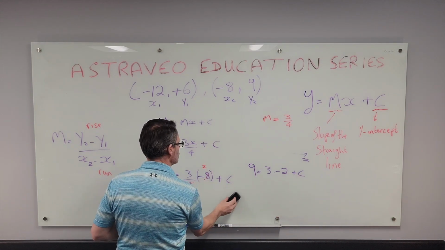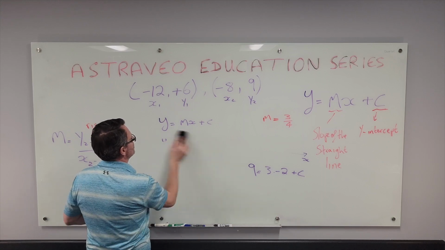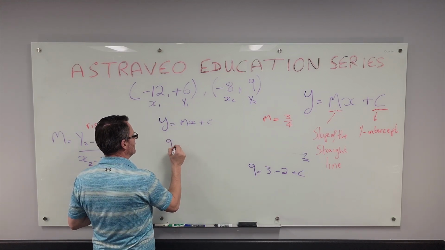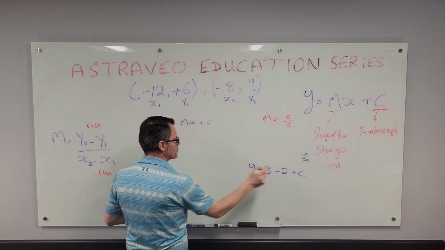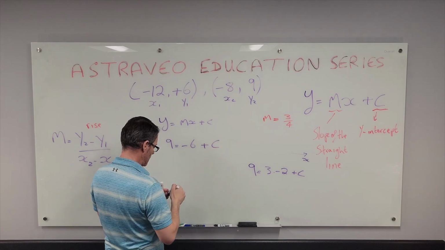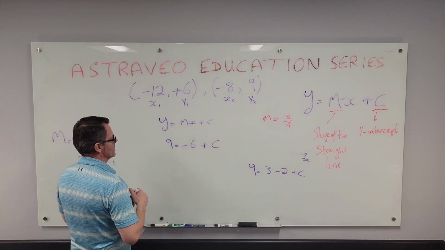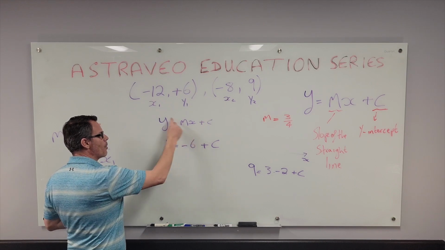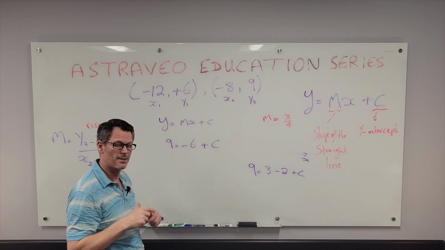As usual, I'm running out a little bit of space. Let's go back up here. I'll leave my y equals mx plus c. So now we have 9 equals 3 times minus 2, which is minus 6, plus c. Depends on how you were taught this. When I was young, you would bring the minus 6 over the equal sign and it would become a plus 6.